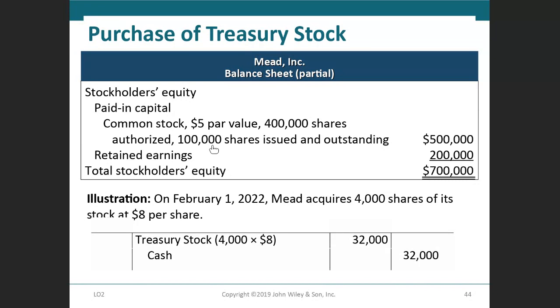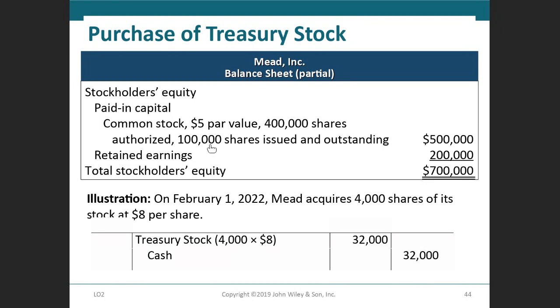So now the common stock is showing 500,000. Here, this part. Okay. Now the company purchased from the shareholders 4,000 shares from this 100,000.